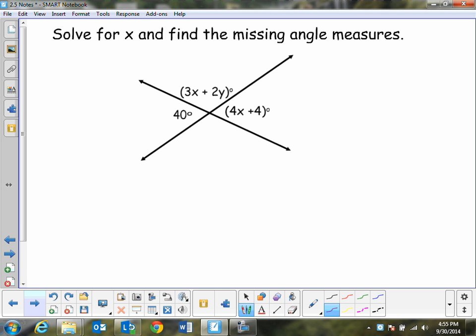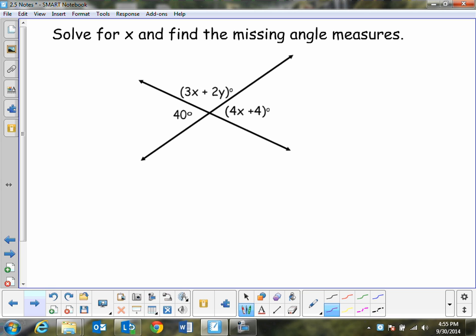And then lastly, solve for x, find the missing angle measure. And I didn't say solve for y, but I guess we'll have to solve for y then. But we're going to solve for y anyway.